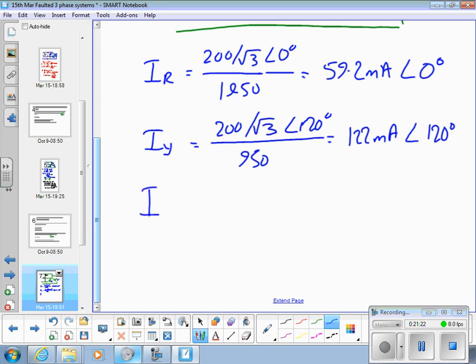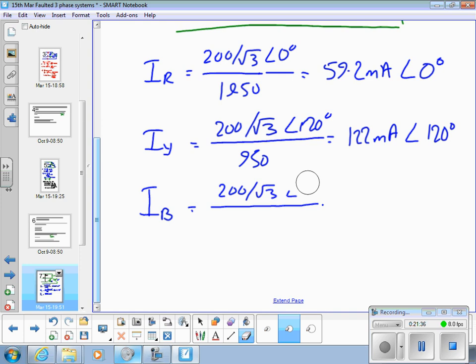And then I_B, 200 over root 3, angle minus 120, or if you like, minus 240. Don't do plus 120 and minus 240 though, will you? Because they're the same thing.